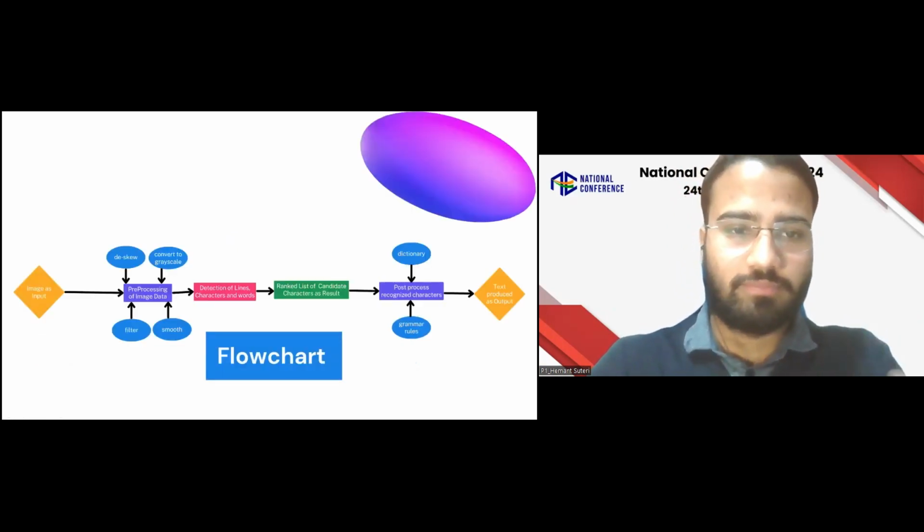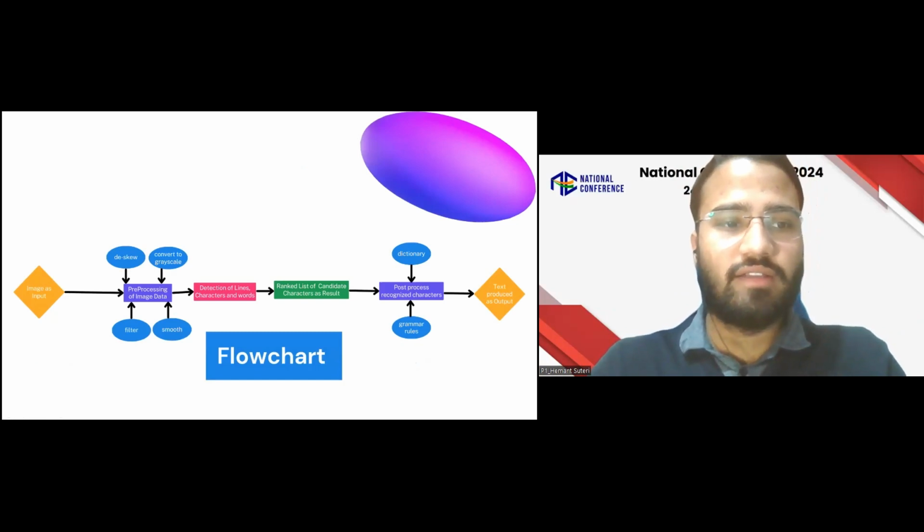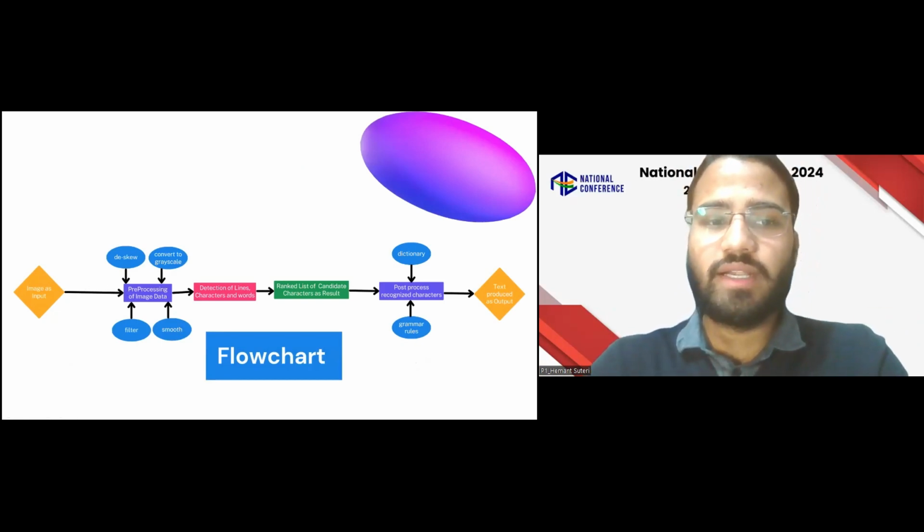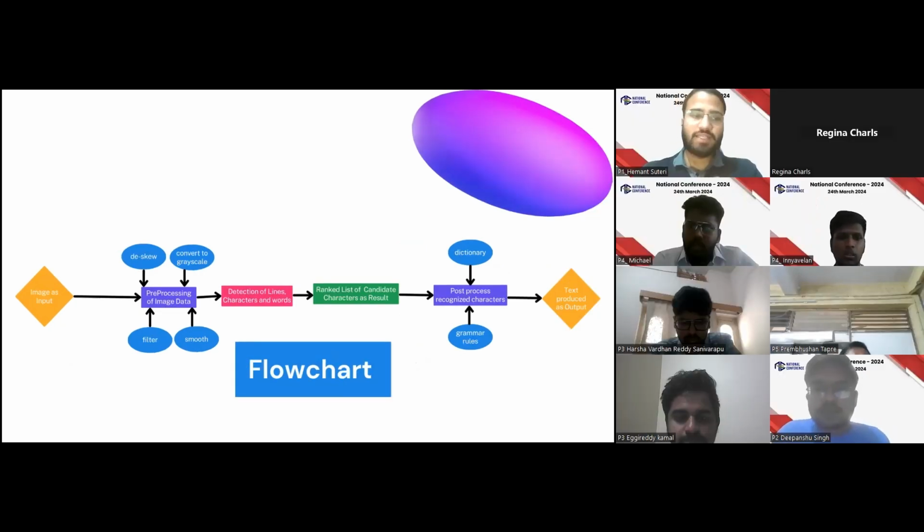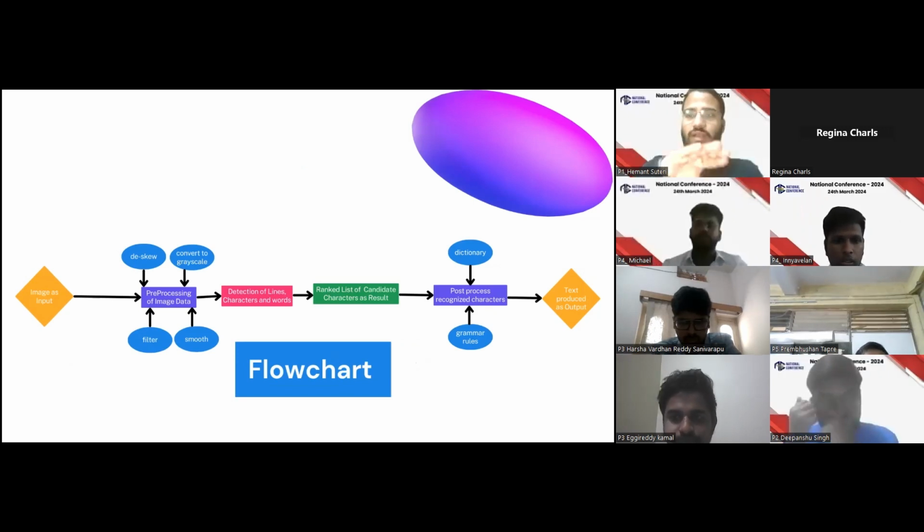Explaining it more, when we give it an image as input, like here we have done, it does pre-processing. What does pre-processing mean? It smooths, filters, deskews, and flattens the image. Sometimes if we use a notebook and click its photograph, it's somewhat inclined.